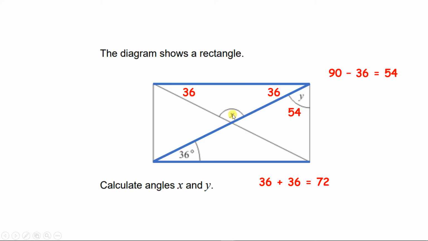If we remember that the angles in a triangle must add up to 180, then we can do 180 minus 72 to give us angle X, which is 108 degrees.